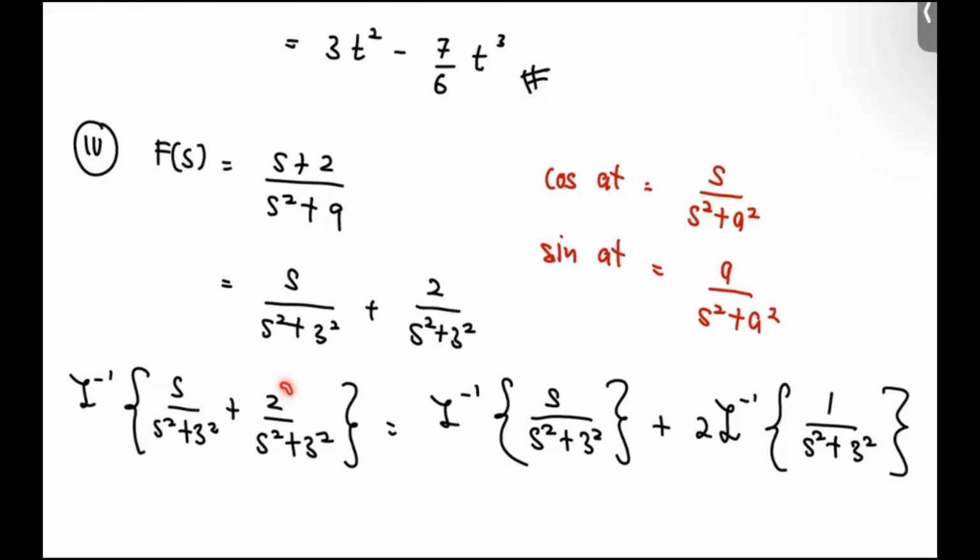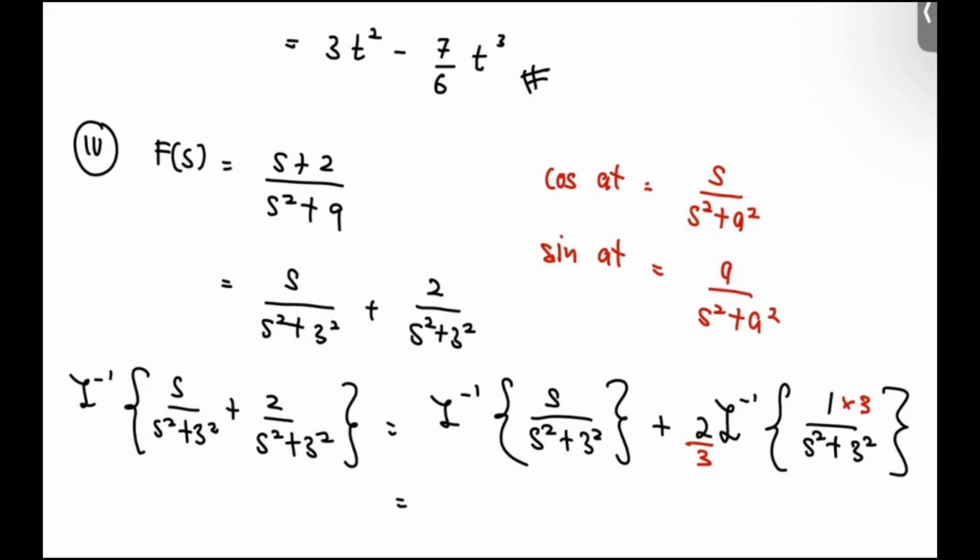Why do I put this 2 outside? If this is not 2 but 3, then I can just use this formula. But now here is 2, not equal to this one. Here is a, here is b. So not equal, so we need to put b outside. Because I want here to be 3, I multiply by 3 here and divide by 3 here.